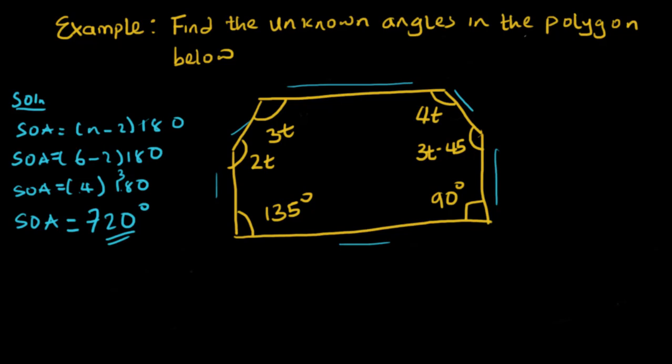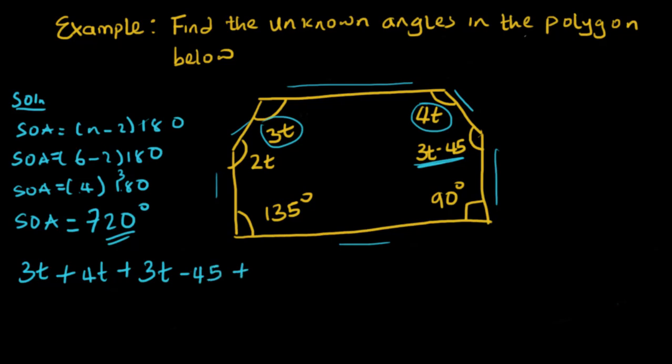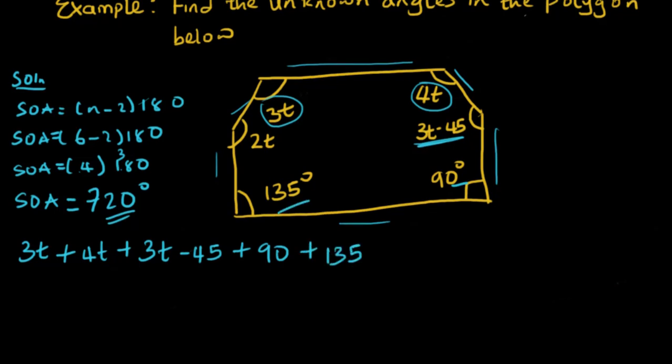So let's do that. We'll have 3t plus 4t plus 3t minus 45 plus 90 plus 135 plus 2t equals 720.